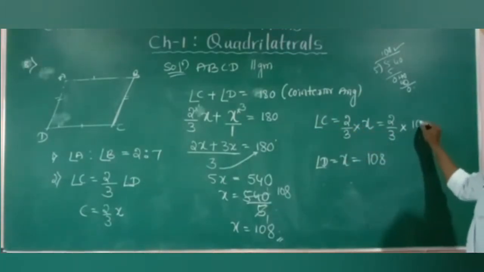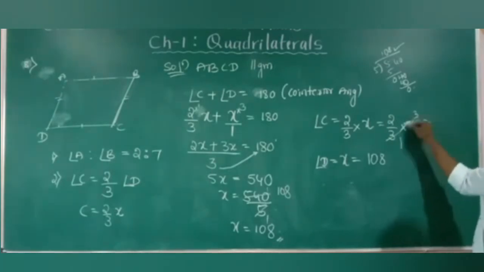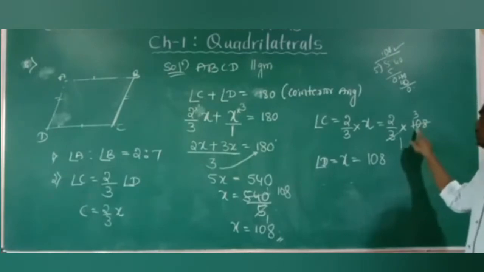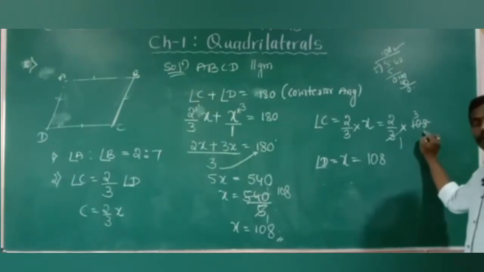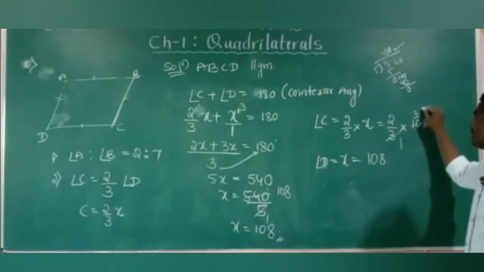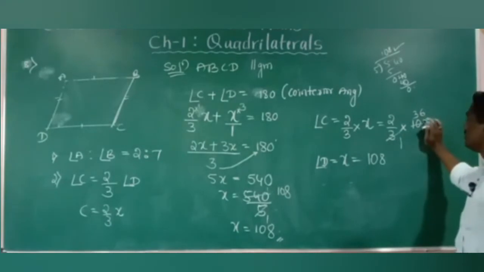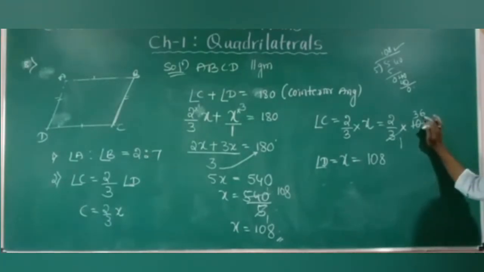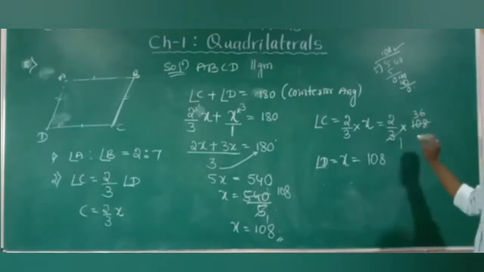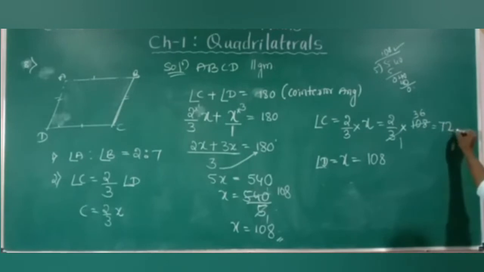So 108, 3 1s are 3, 3 3s are 9, remainder is 1. The next digit is 8, so it becomes now 18. Again 3 6s are 18. Now 36 into 2, 72.